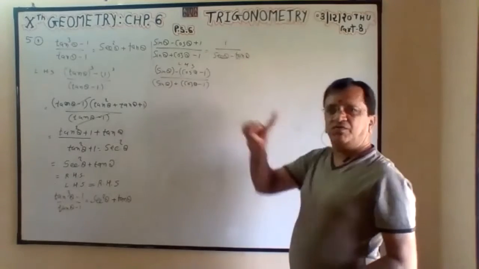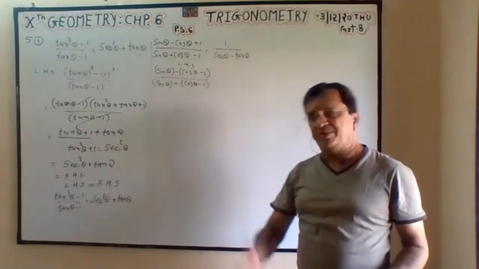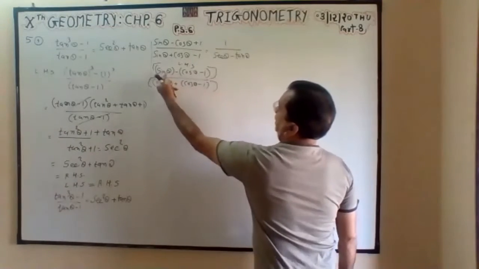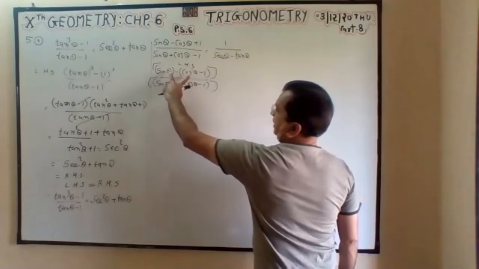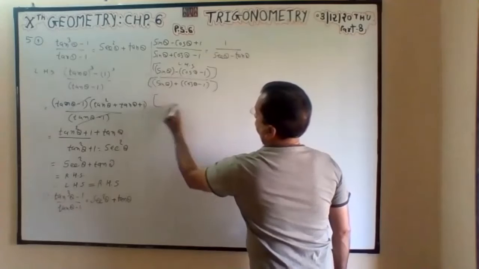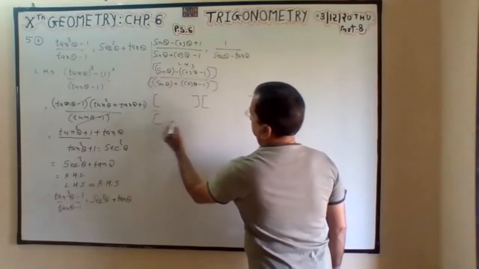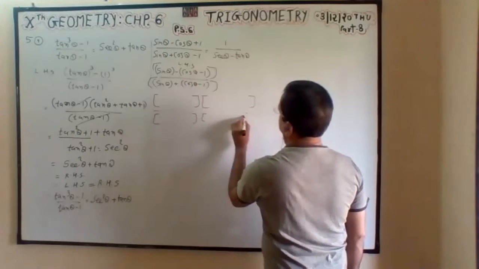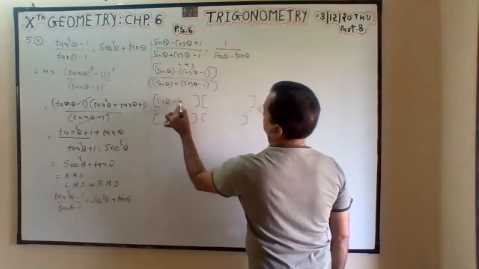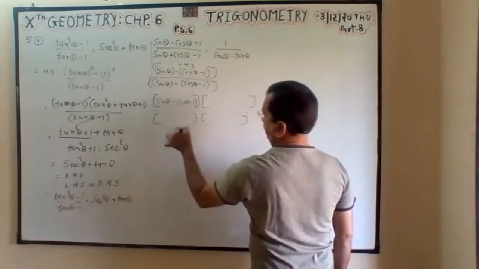In the numerator I want 1. So I will take the conjugate pair of the numerator only. A minus B, A plus B: same bracket, conjugate bracket. What is the same bracket? Sin theta minus cos theta plus 1. I am writing same to same.